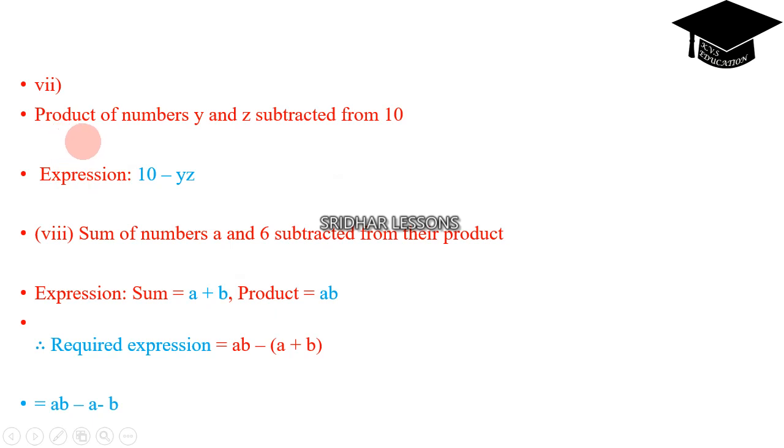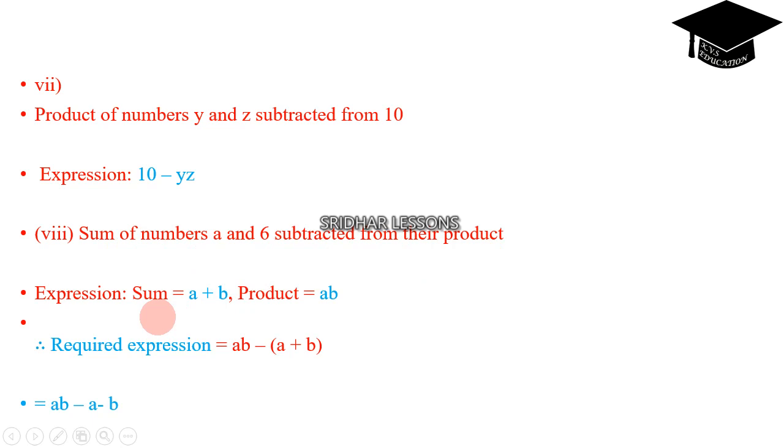Next one, the product of numbers y and z subtracted from 10, that is 10 minus yz, because it is subtracted from 10. Next one, sum of numbers a and b subtracted from their product.